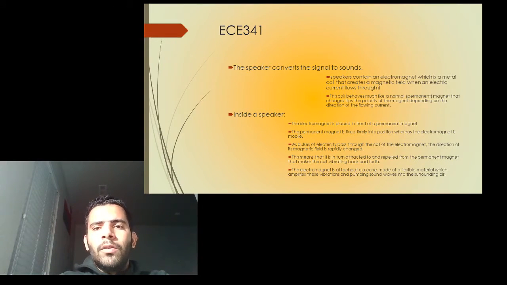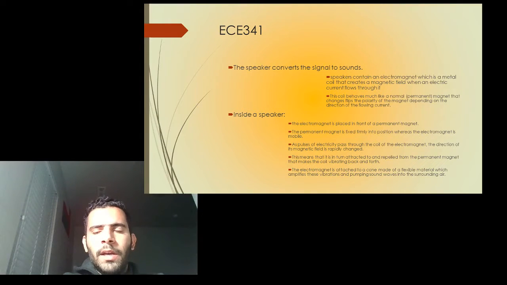So in order to convert the signal to sounds, the speakers contain an electromagnet, which is a metal coil that creates a magnetic field when an electric current flows through it.